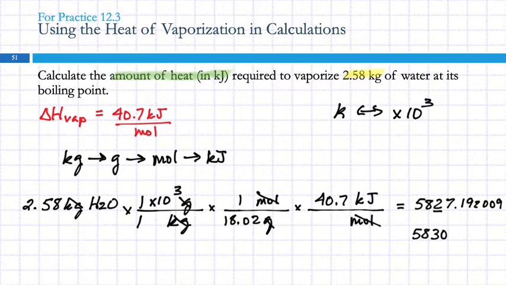So this would be 5830 kilojoules, or the safest thing is to put this in scientific notation and then round it. So 5.83, that 2 rounds up, and then what am I doing with my decimal place? 1, 2, 3 places, times 10 to the 3 kilojoules. Any questions?